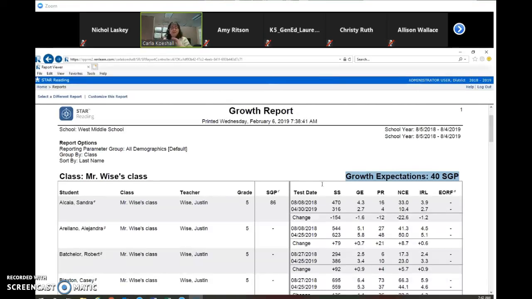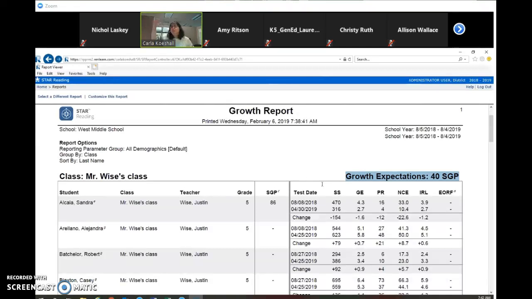SGP helps even the playing field so everybody can show growth, because it compares them to everybody in the same grade who took the test at about the same time, and only compares them to other kids who have a similar scoring history in STAR.